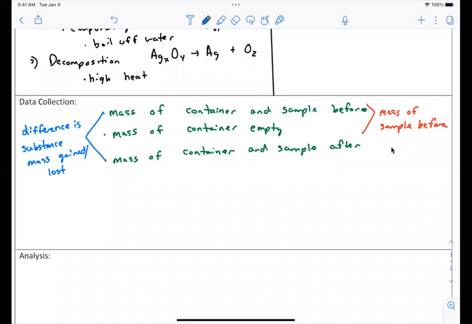And then once you have those two values, you can know the new or lost species is the difference between those. So if we have the mass of the substance that's gained or lost, we know how much we had before and we know how much was after. So that gain or loss must have been the new element or species that's introduced or removed.